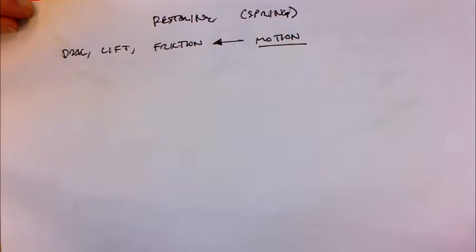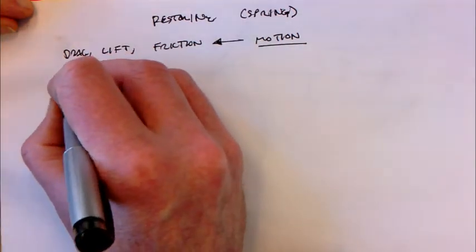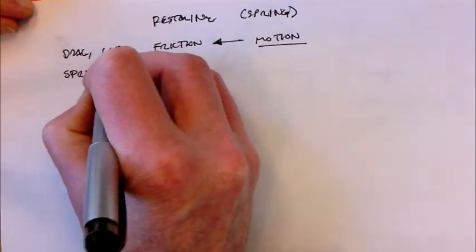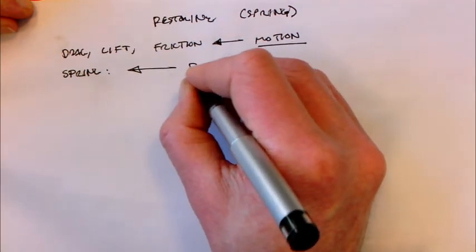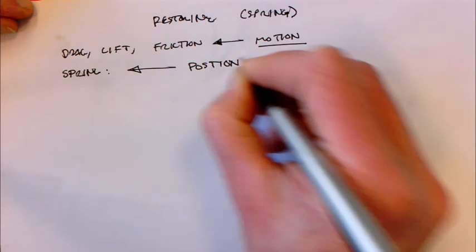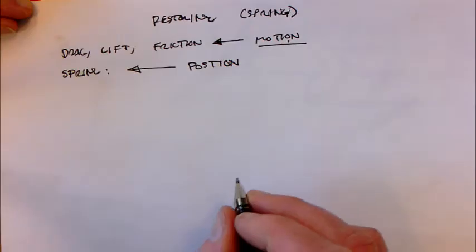They're related to how fast you're moving or in what direction you're moving. Spring forces or restoring forces have to do with what the current configuration of the system is. So they have to do with what the position is, not what the motion is.